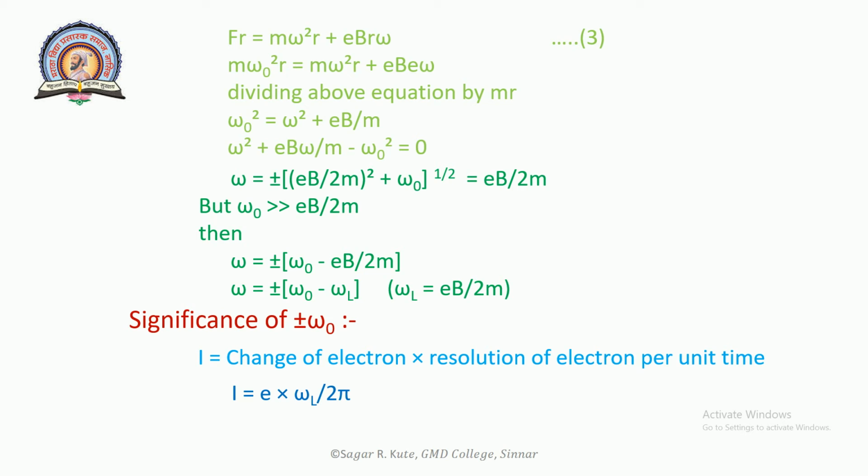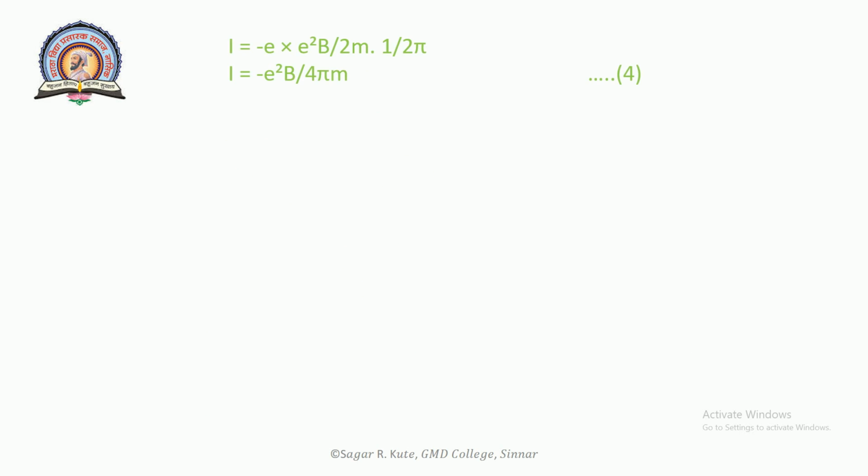Putting the value of omega L, I is equal to minus e into eB upon 2m into 1 upon 2 pi. Now I is equal to minus e square B upon 4 pi m. This will be equation number 4.